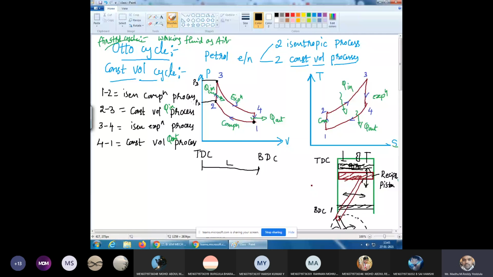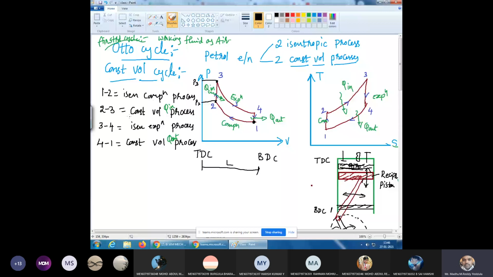By adding heat, what happens to pressure? Pressure will increase. So due to the heat addition, the pressure increases from P2 to P3. Is it clear, from 1 to 2, 2 to 3? From 2 to 3, there is no change in the position of the piston. That's why we call it constant volume.